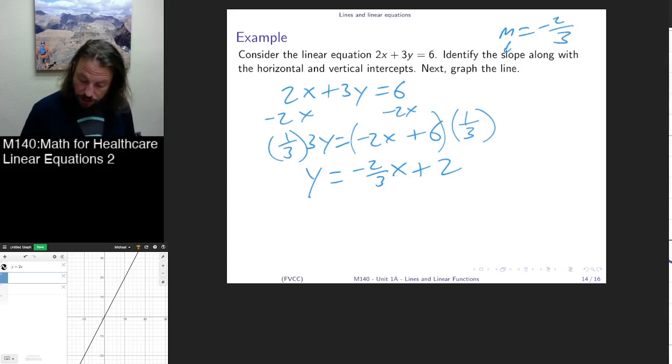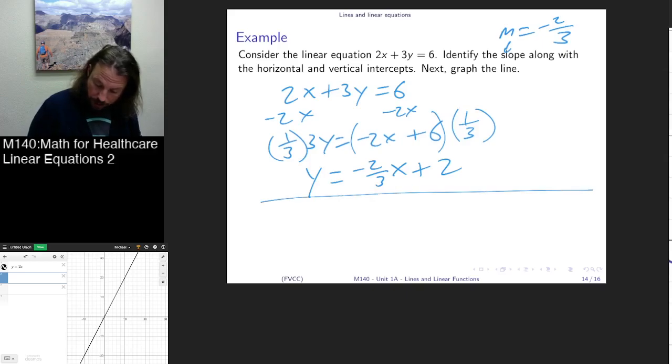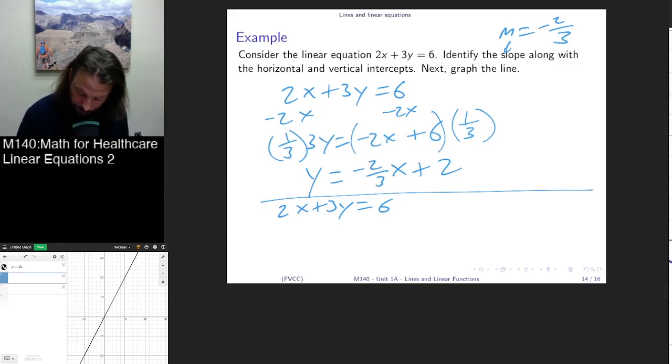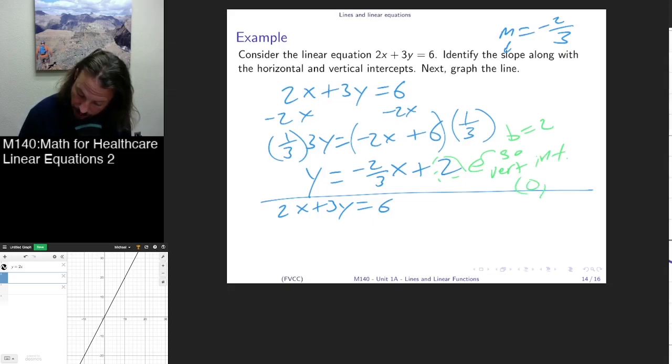And now the horizontal and vertical intercepts. I think the easiest way is to start with the equation 2x plus 3y equals 6 in standard form. Well, really, since we put it in slope-intercept form, the vertical intercept tells us b equals 2, so the vertical intercept is when x is 0 and y is 2.